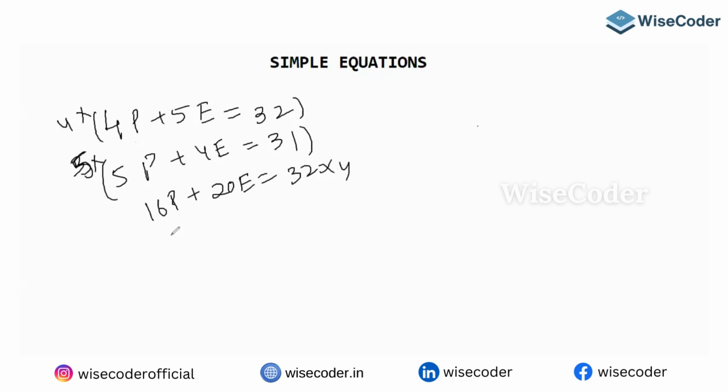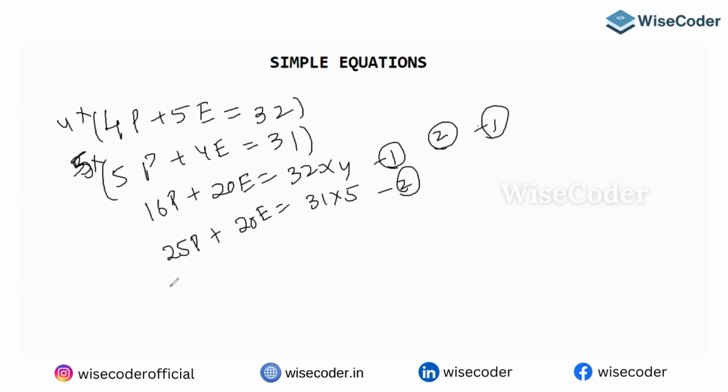Here 5 5s are 25p plus 5 4s are again 20e, which equals 31 into 5. Let's say this is the second equation and this is the first equation. Do 2 minus 1.